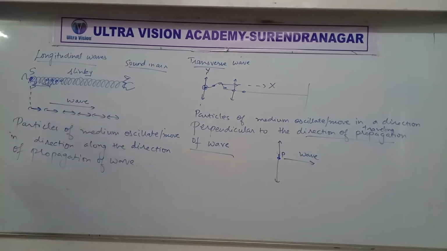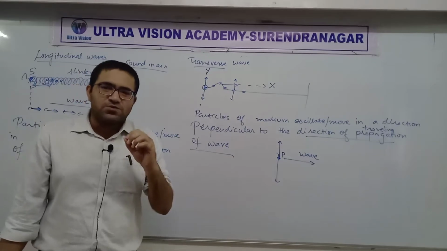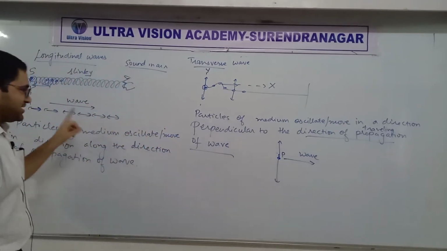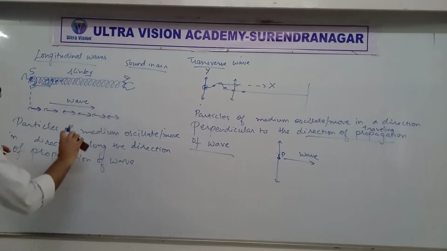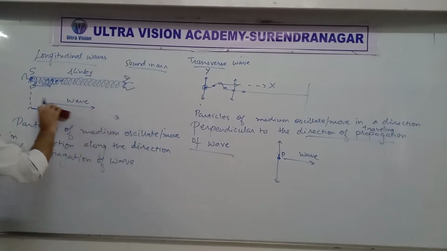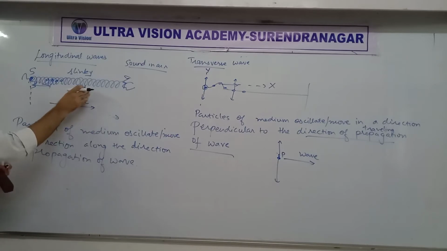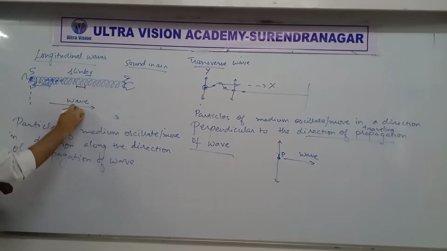Along with this, for longitudinal waves, I want you to relate this with two more terms that I am going to talk about here. Listen to this carefully. Suppose that there is one particular portion over here, a fairly small portion. I am showing it big, but think of it as small.